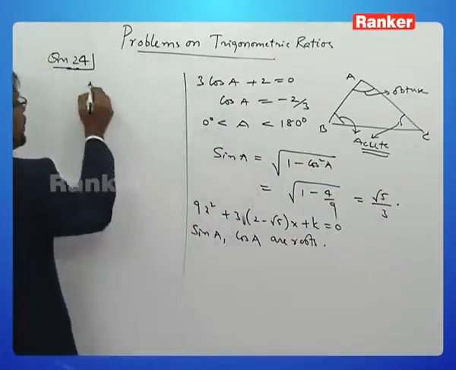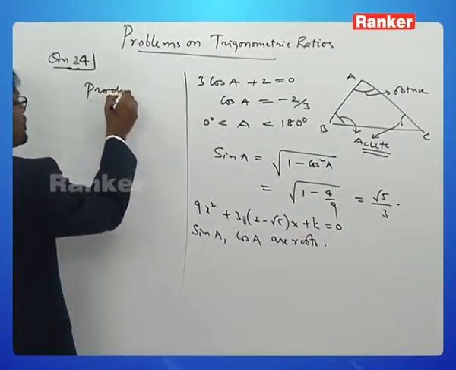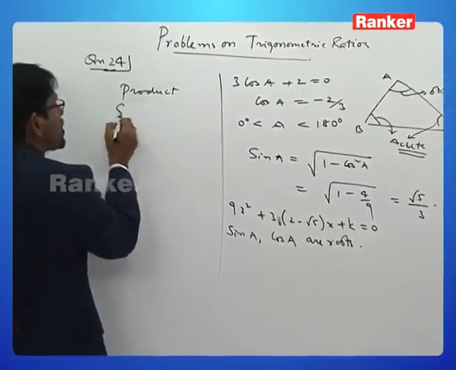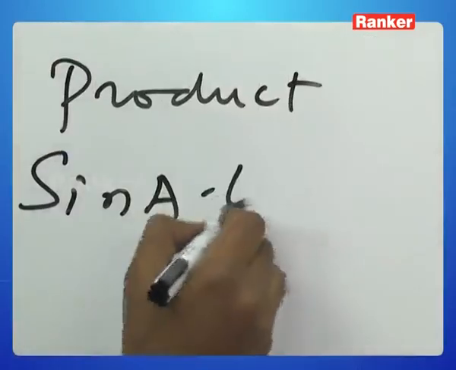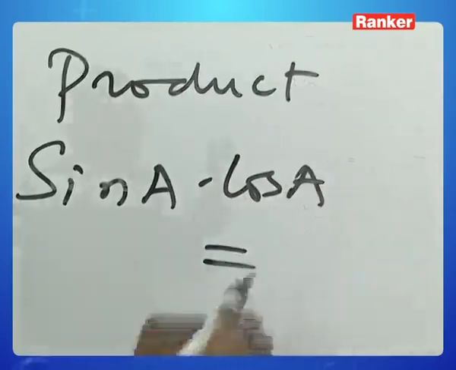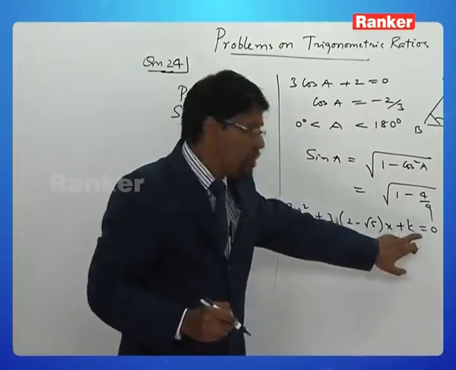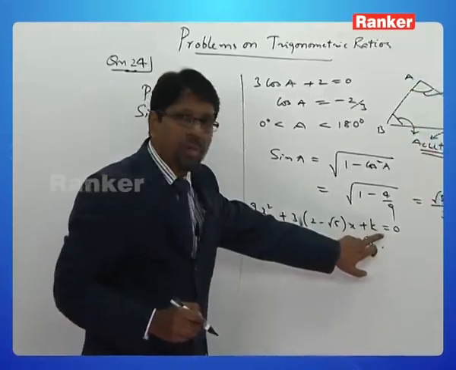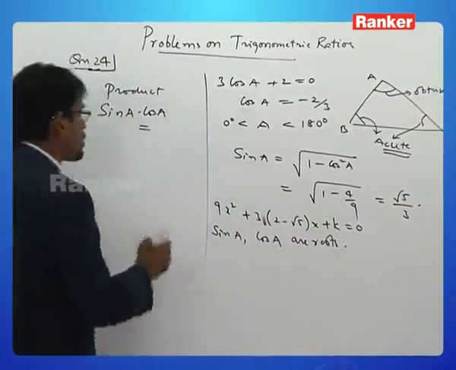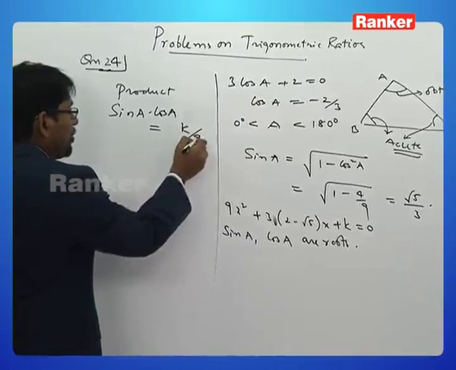So what is the product of the roots? Product is sin A into cos A. The product of the roots is given by the constant term divided by the coefficient of x square. So that is k by 9.